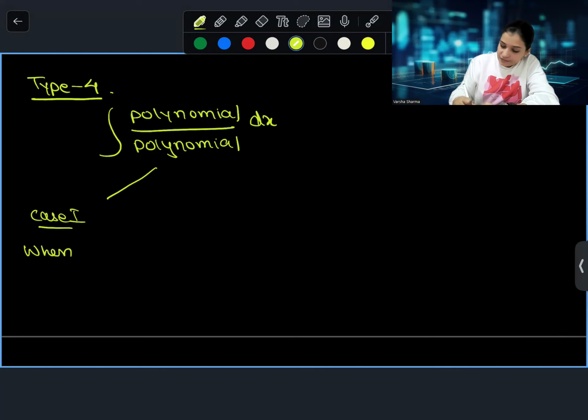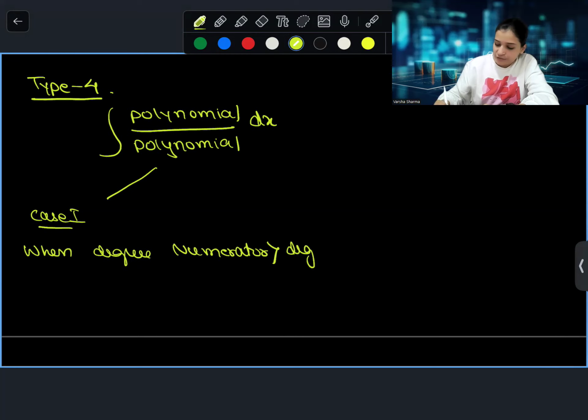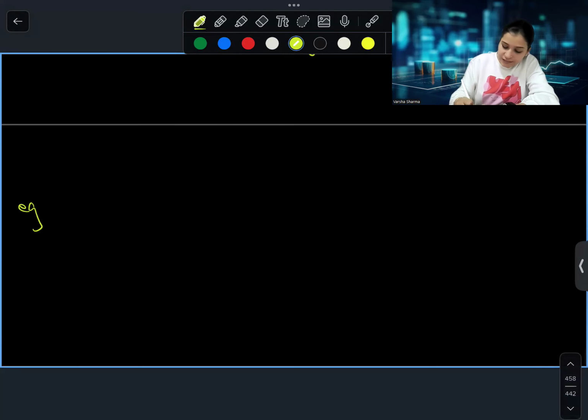When the degree of numerator is more than the degree of denominator, like in numbers, we used to do 13 by 4. 13 is a larger number, so you can properly divide this.